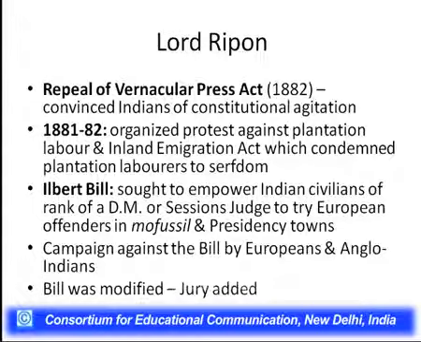Then the Ilbert Bill was introduced, and it wanted to empower the Indian civilians of the rank of a DM or a sessions judge to try European offenders in the Mofussil and Presidency Towns.